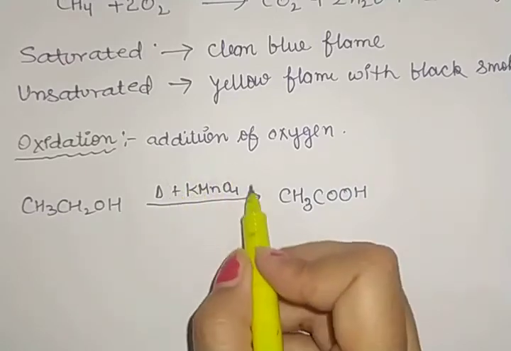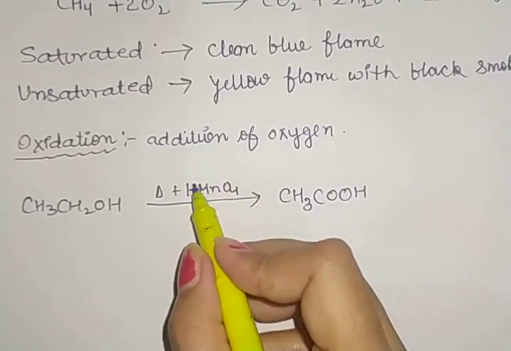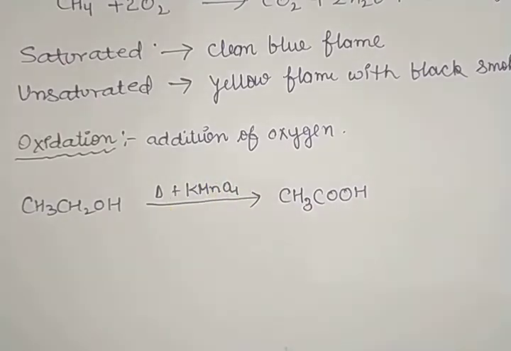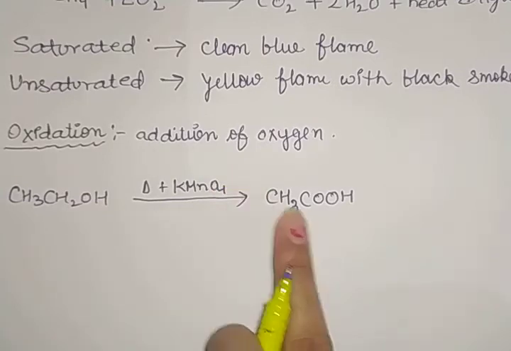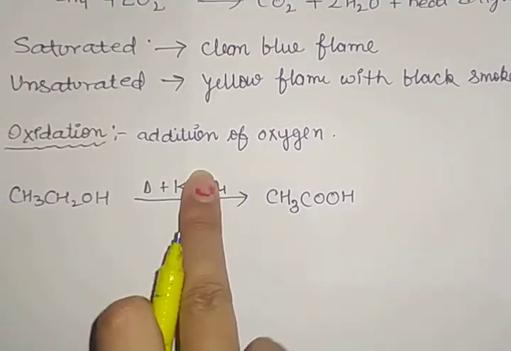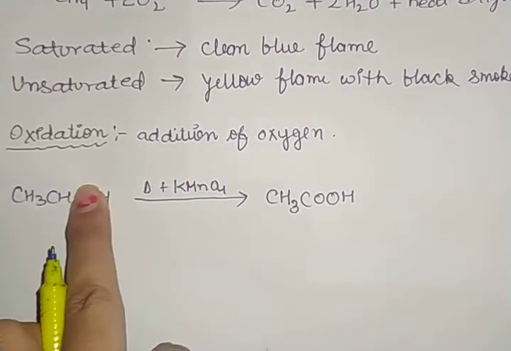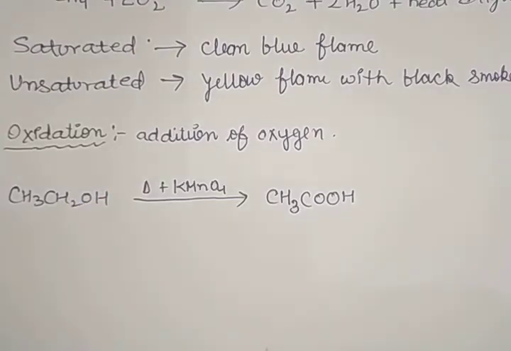Now this KMnO4 acts as an oxidizing agent. What is an oxidizing agent? These are substances which are capable of adding oxygen to others. This is known as an oxidizing agent.